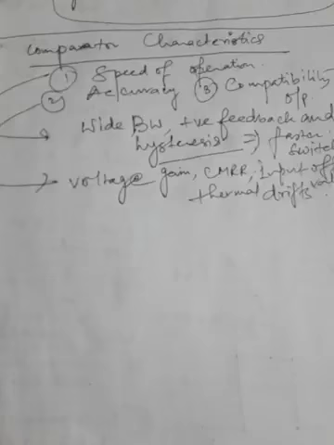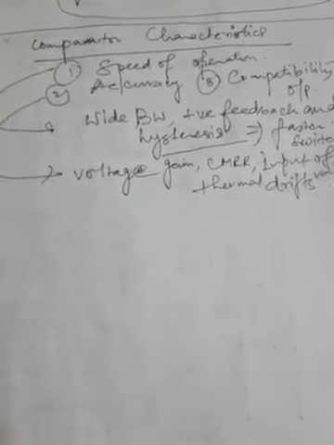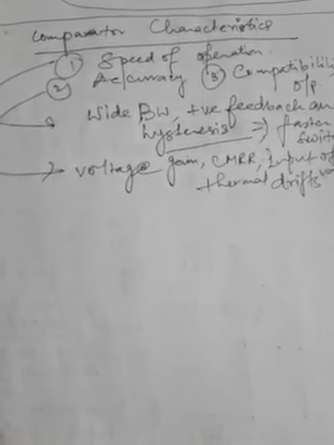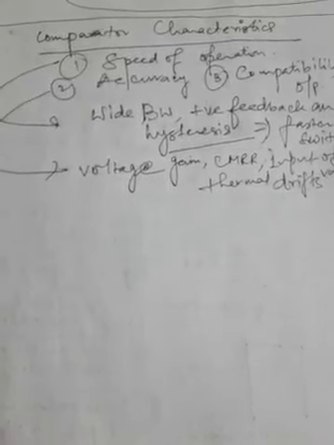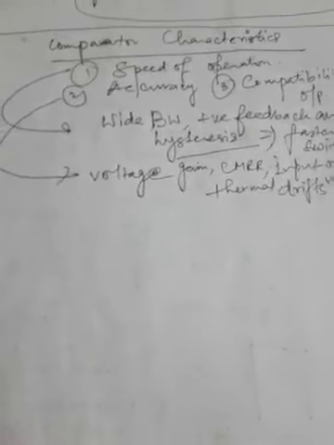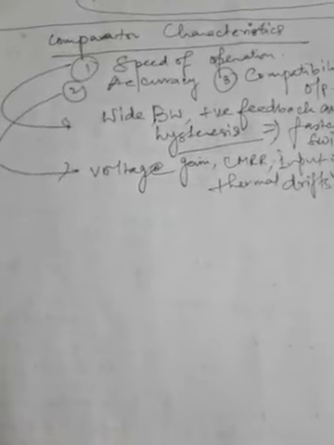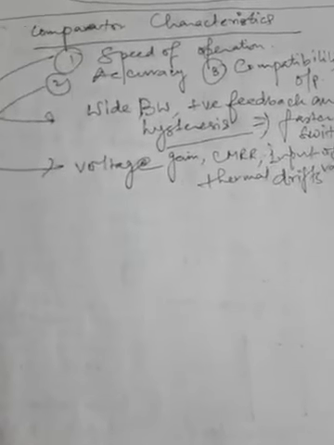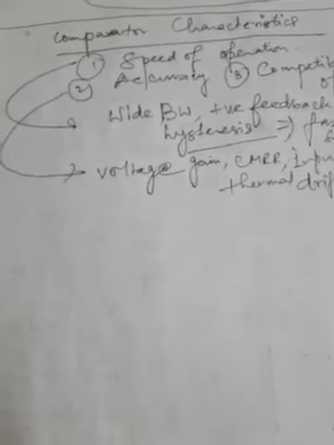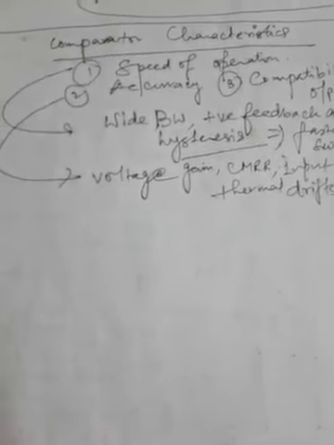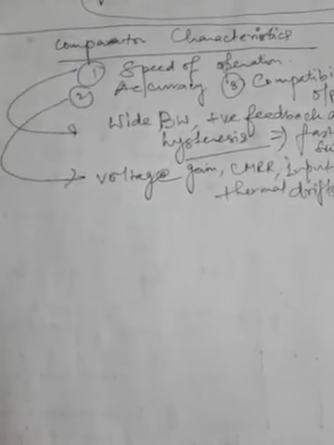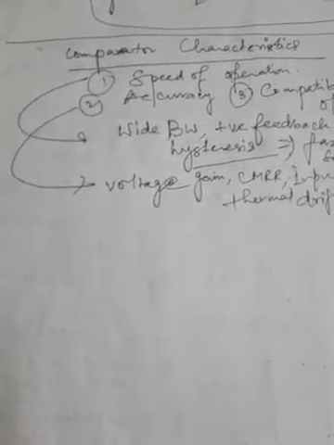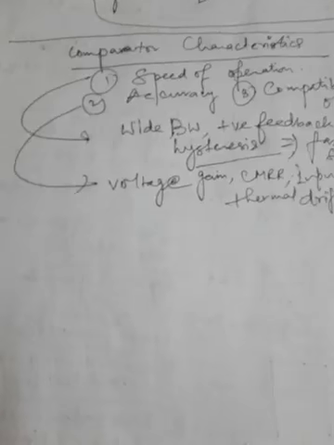Therefore compatibility of output for digital applications can be achieved with this type of comparator, which works as a form of analog to digital converter, because it provides a compatible output to be suitably accommodated for certain logic family categories. So these are the important comparator characteristics.